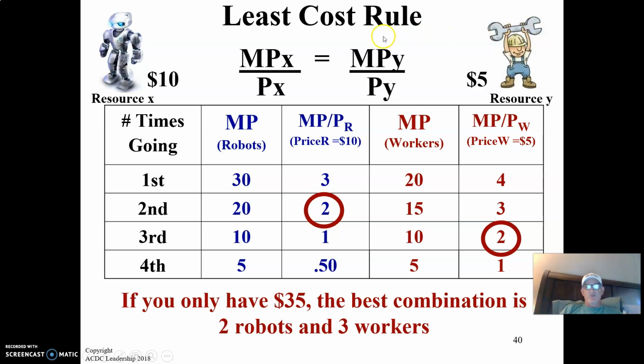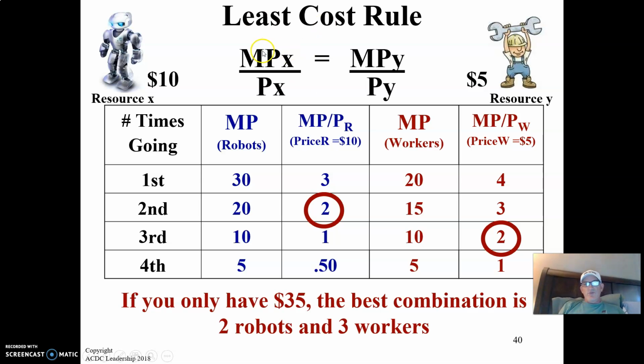So here's the least cost rule. This is what I want you to pay the most attention to, because this is going to help you answer the question, and I'm going to show it to you in an FRQ, either in this unit or when we review. But basically, here's what you're going to do.